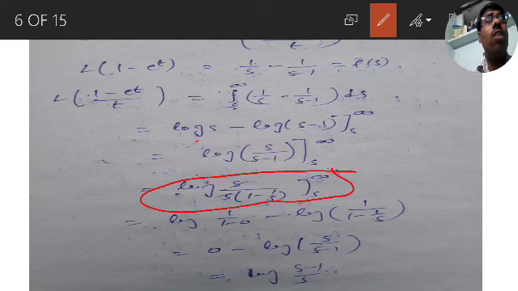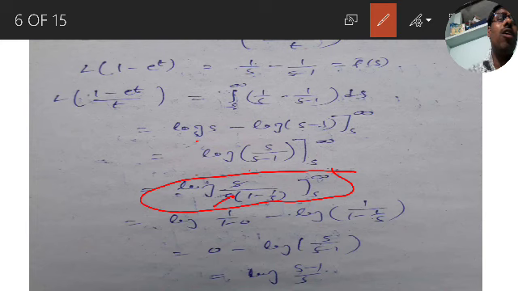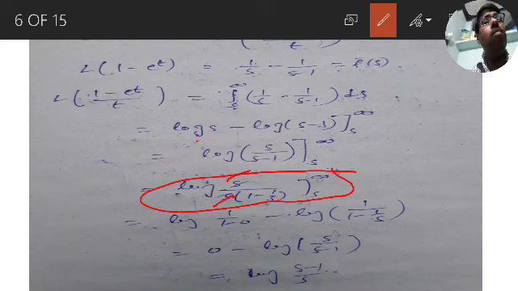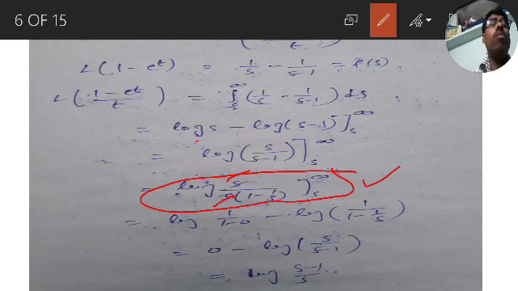Which is causing infinity by infinity? The s in the numerator and denominator. So take s common in the denominator and cancel that s term in the numerator and denominator, so that we can come out of this undetermined form. Are you getting it? This is the new step you got in the third problem.